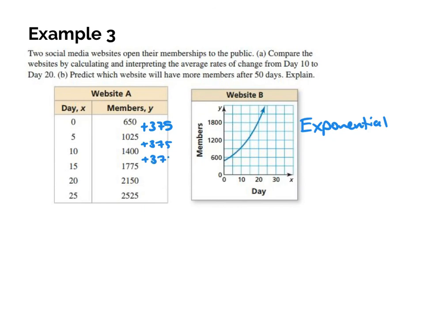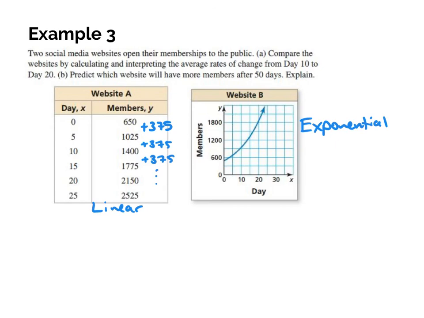And if I continue to add 375, I'm always going to get that exact value afterwards. So because I'm adding the same amount every time, this table of values is going to represent a linear function. So website A is going to be represented as a linear function, and website B is going to represent an exponential function. So our goal is to compare the rates of change of both these websites.